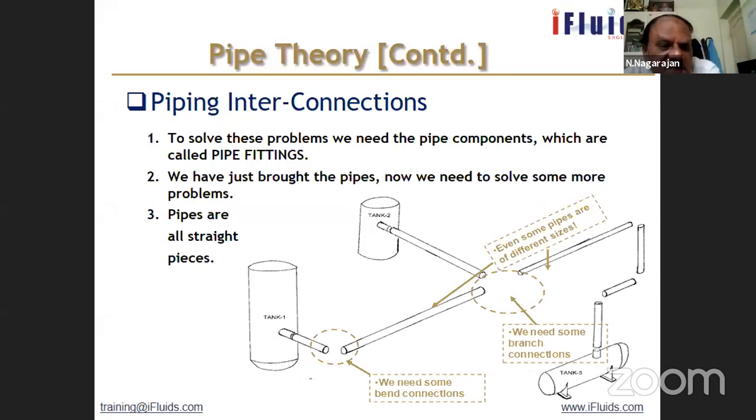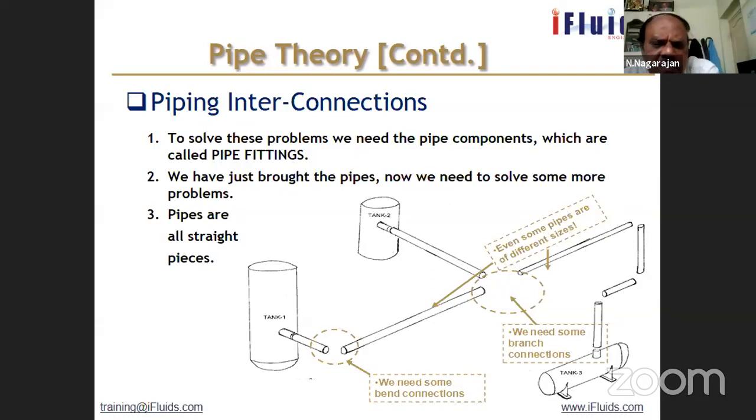But is it complete? No, we still need some more components to complete the piping. You can see pipes are coming closer, but how to interconnect them? We have to use some piping components. They are called fittings.